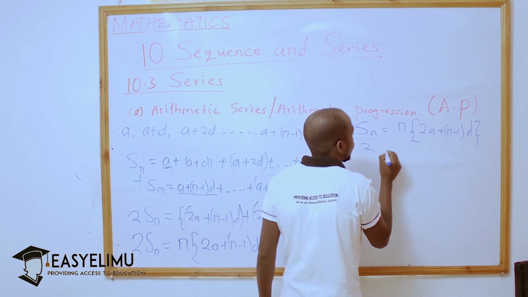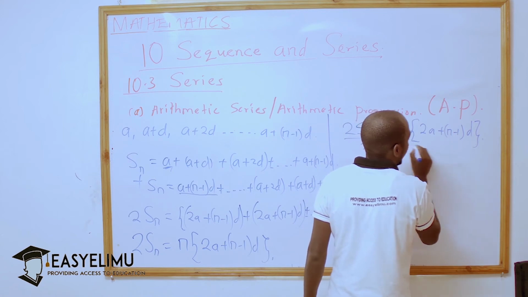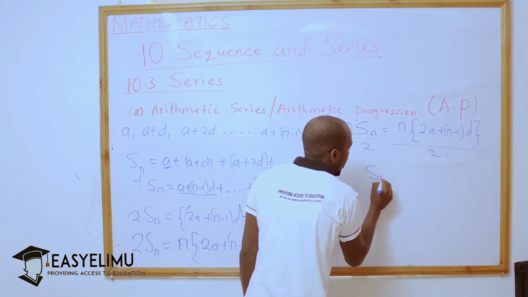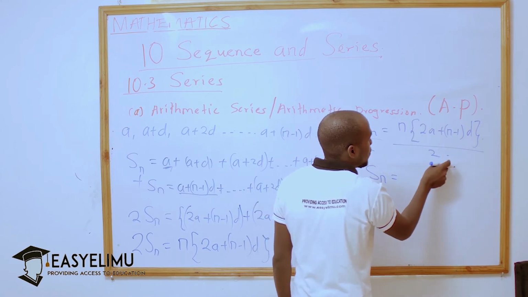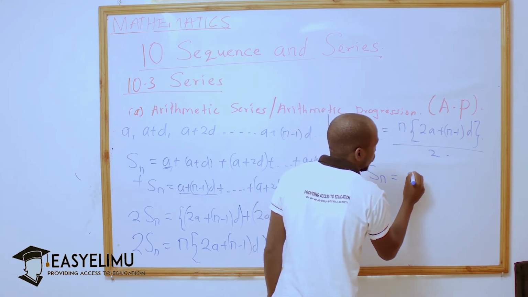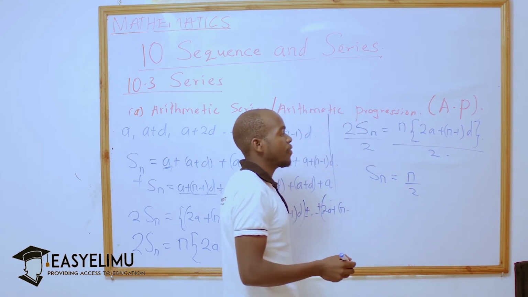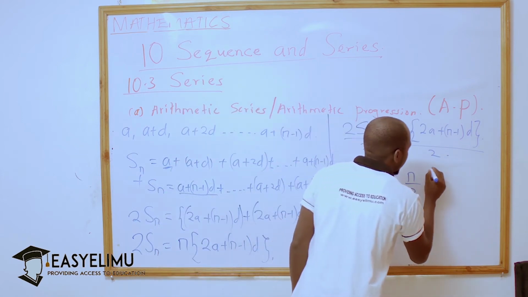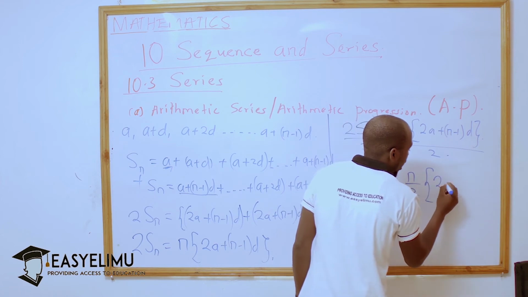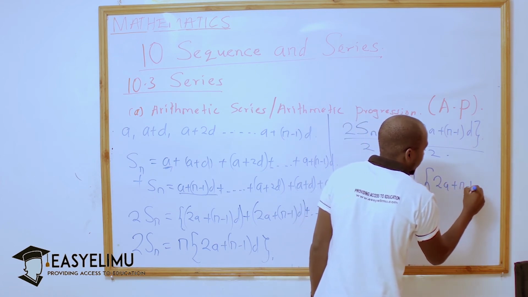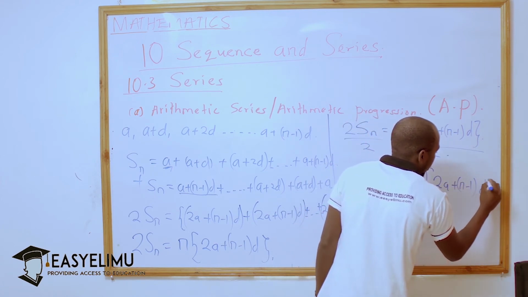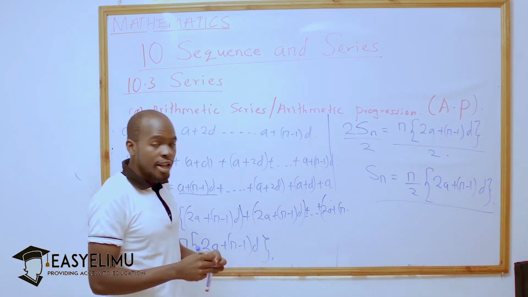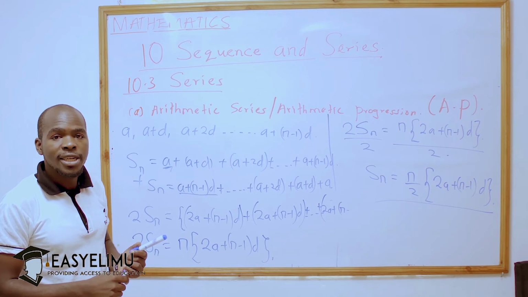If we divide by 2, we find that Sn is n over 2, because it is multiplying throughout the bracket. So Sn is equal to n over 2 times (2a plus (n minus 1)d). And this is what we refer to as the formula for finding the arithmetic series.